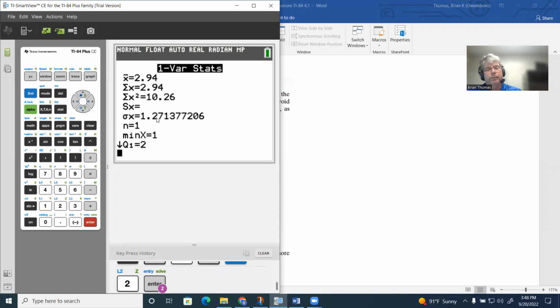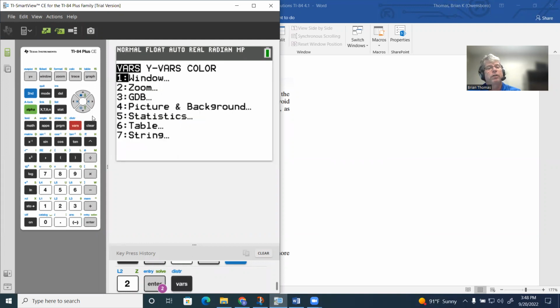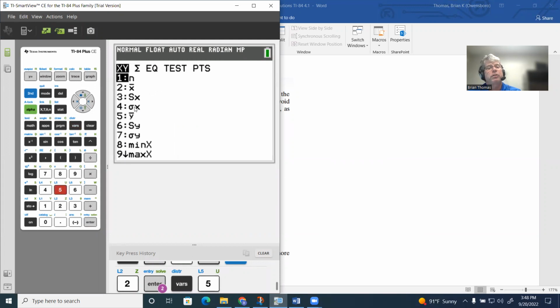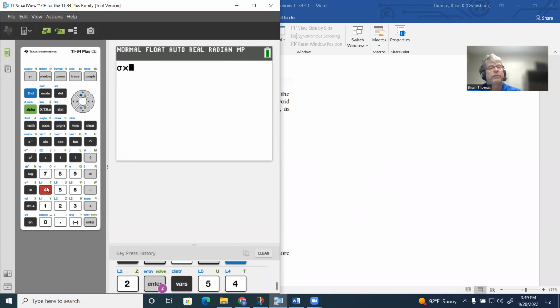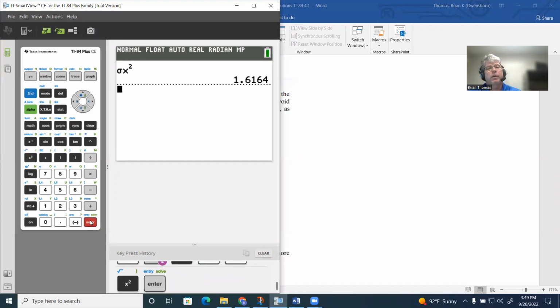Now to get the variance, it's got to be sigma squared. To do sigma squared, we go to vars on your calculator. If we hit vars, notice that number 5 was statistics, and that allows me to choose sigma x, which is the standard deviation. If I choose number 4 and square that, that will give me the variance, which is going to be that 1.61.